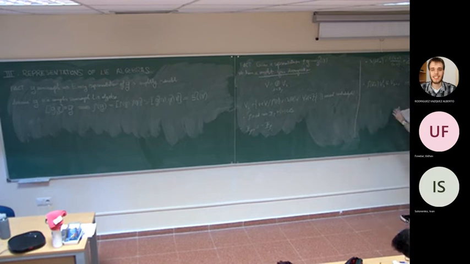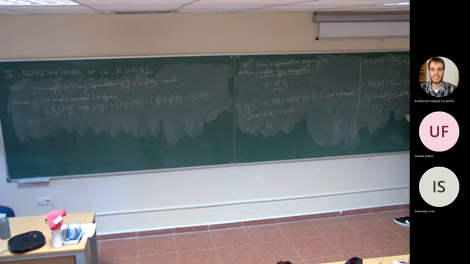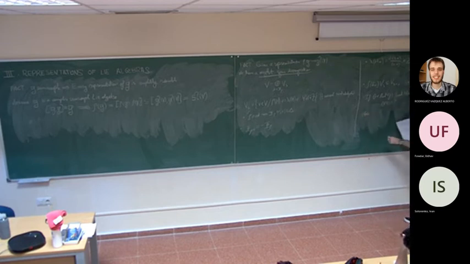And also, if we have an automorphism theta of g such that theta preserves the maximal toral subalgebra, then one can check that the weight system for the composition of rho with theta is equal to the inverse of the transposed map of theta applied to the original weight system.